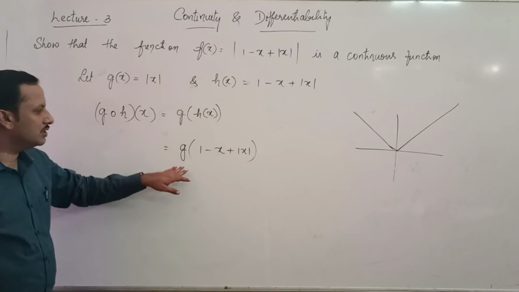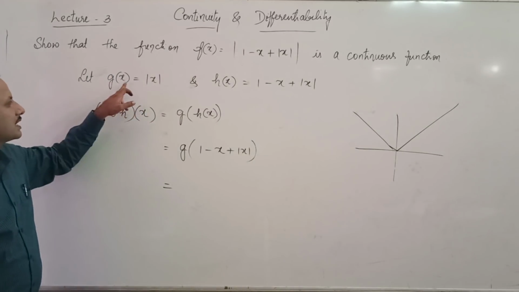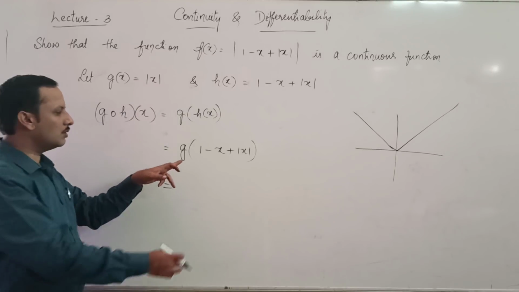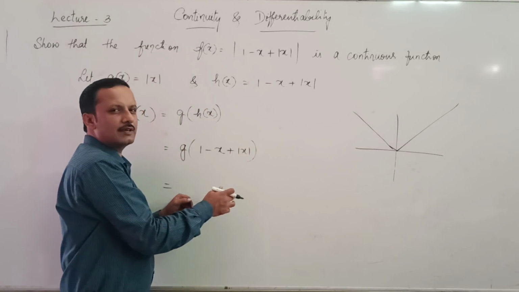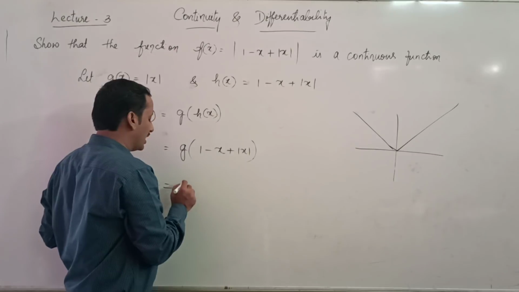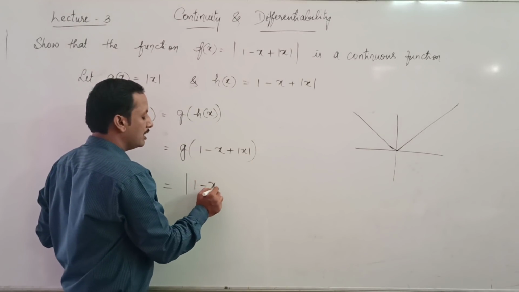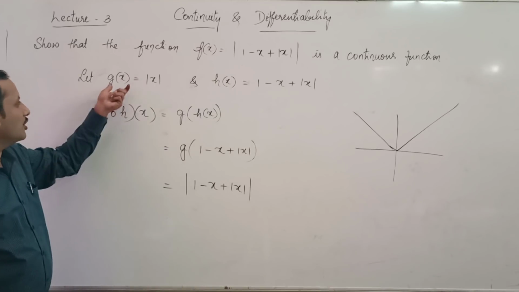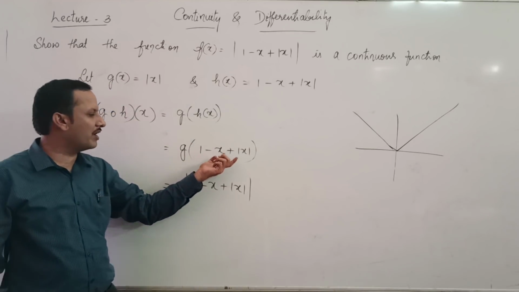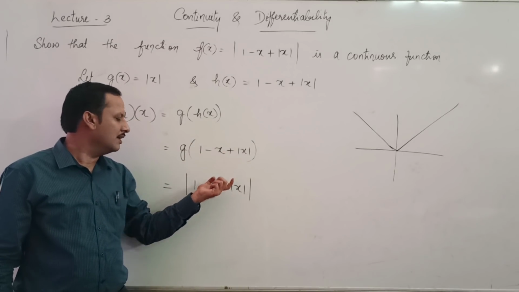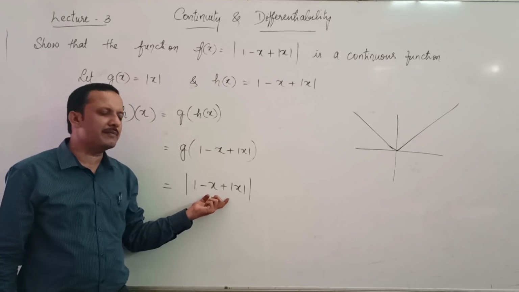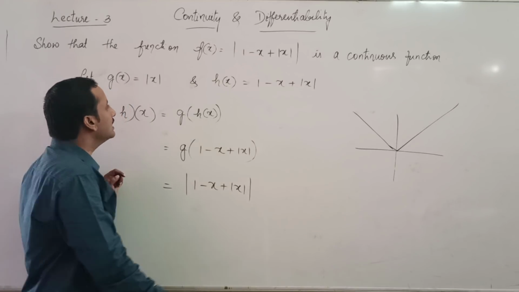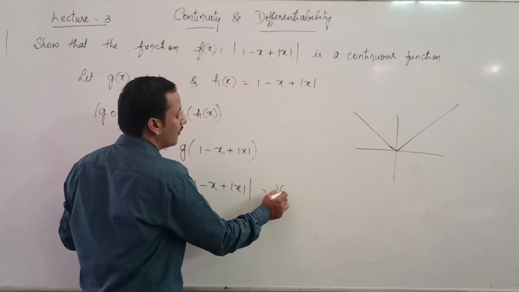That's equal to g of this much. G of x is equal to mod x, so g of this factor is equal to modulus of this factor. So g of 1 minus x plus mod x will give you modulus of 1 minus x plus mod x. This is nothing but our f of x.